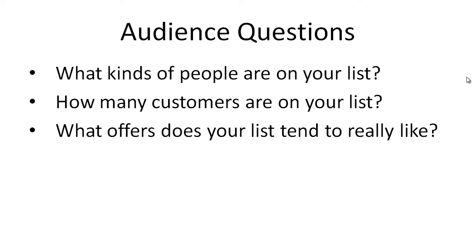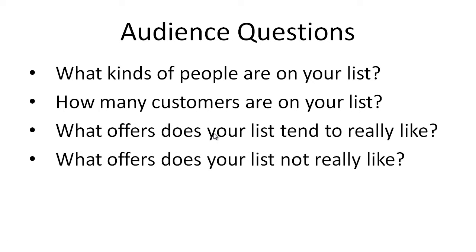So you're basically trying to figure out information about the audience of the list so that you can make sure it's congruent with and matches the list you want to develop and build. What offers does your list tend to really like? That's a good thing to figure out, what kind of niches that list likes, and if it's something similar to yours, then go with it. If it's not, move on to the next person, because not all lists are going to be the same.